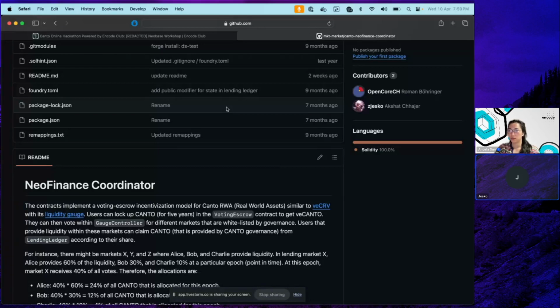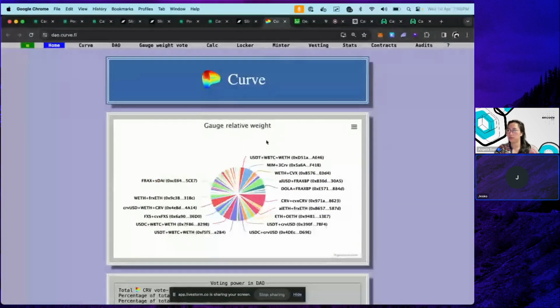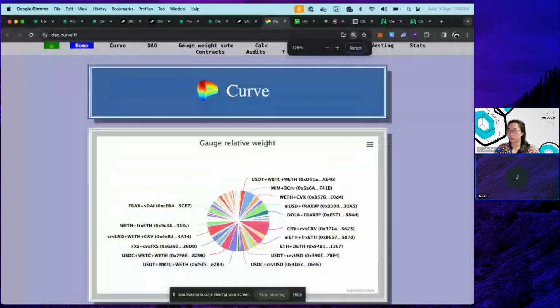Essentially, it's a voting escrow incentivization system for Canto, and it is very similar to the VE curve model, right? So we can first quickly understand the VE curve model. This model is very famous and is being used to provide liquidity incentivization for a lot of different pools.